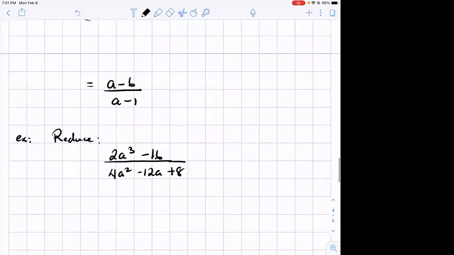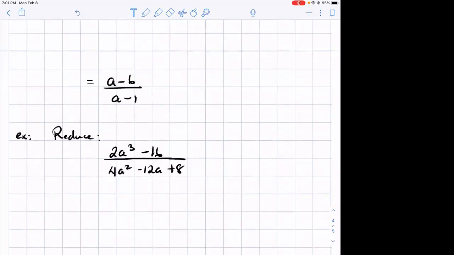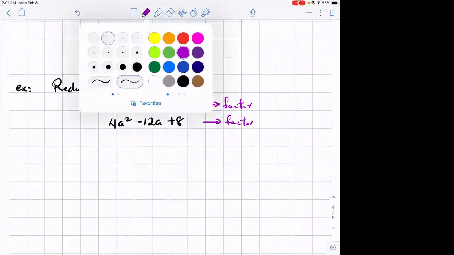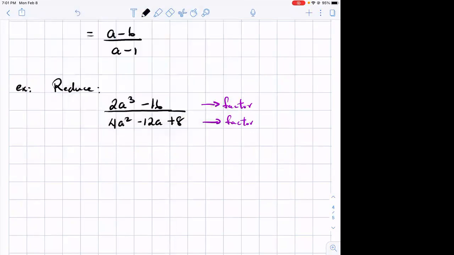Well, let's try to factor again. Let's look and see if we can factor the numerator, and let's look and see if we can factor the denominator. I notice both in the numerator and the denominator, they have a GCF. The GCF in the numerator is 2, so if I take out 2, I have a cubed minus 8.